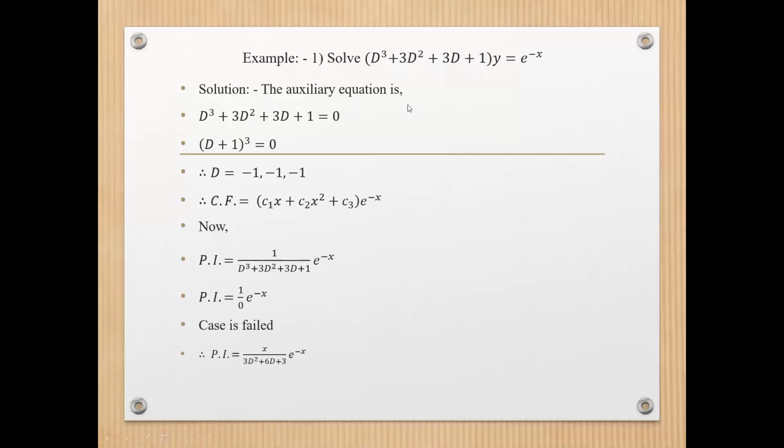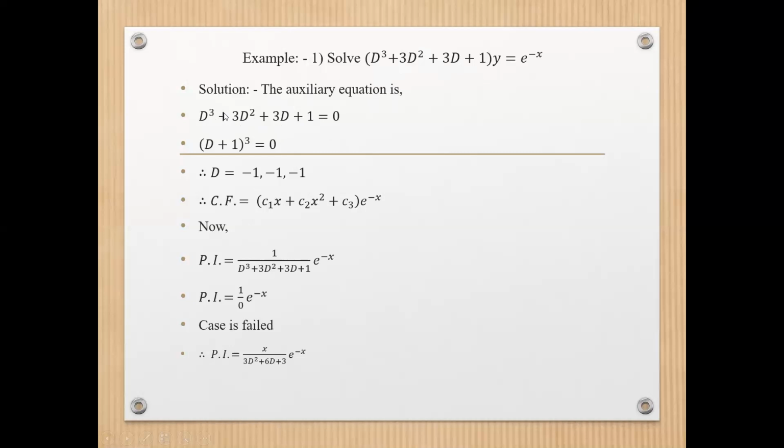First, to find the complementary function, we require the roots of the auxiliary equation. The auxiliary equation is f of d equal to 0, where f of d is a polynomial in d. This polynomial is d cube plus 3d square plus 3d plus 1 equal to 0, and you may find its roots directly by using a calculator.